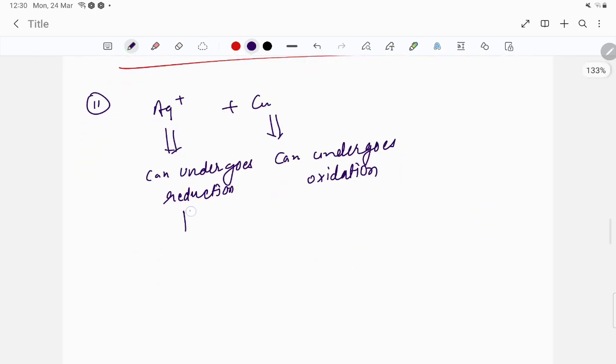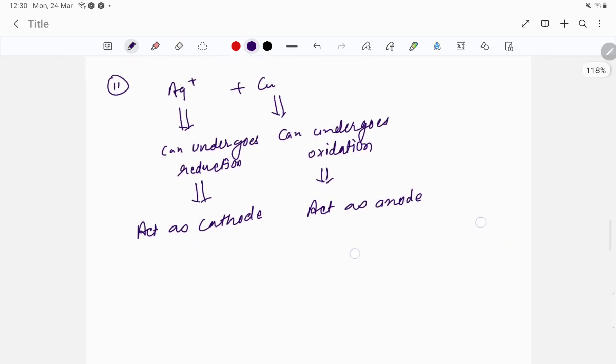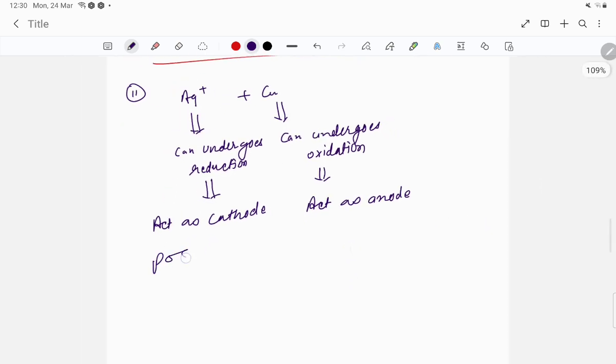So if it is undergoing reduction, it acts as the cathode, and it is going through oxidation, so it acts as the anode, right?